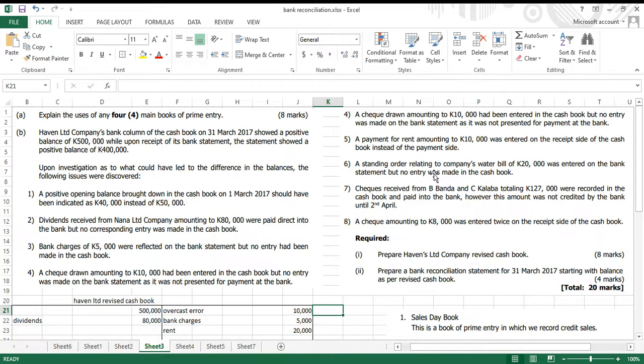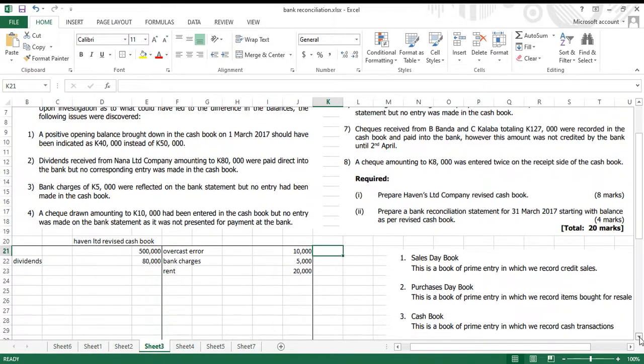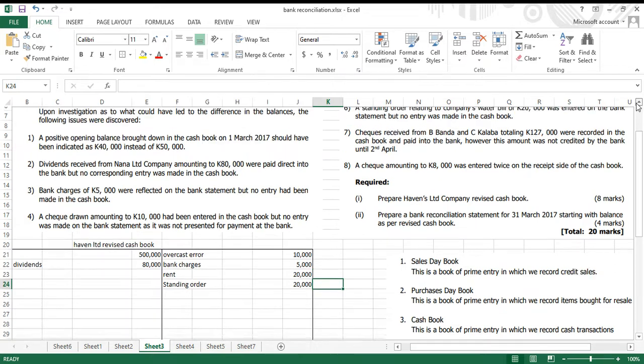So those are standing orders. So we'll credit our cash book, so that we have paid standing order 20,000.